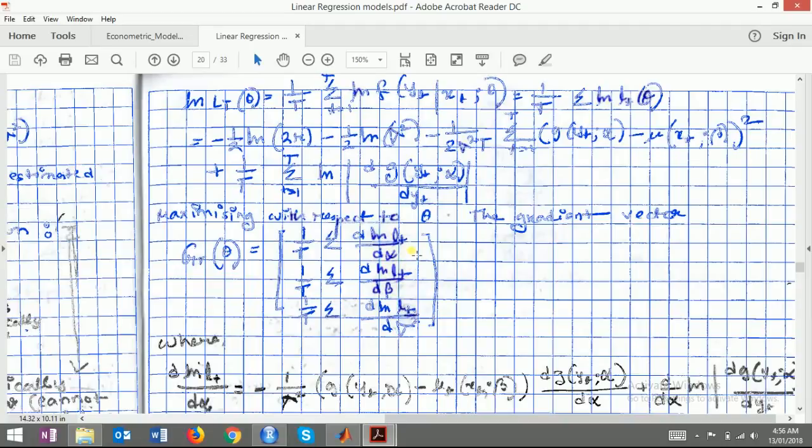Differentiating for alpha, we have minus 1 by sigma square multiplied to minus 1 by sigma square, g of yt, alpha minus mu of xt, beta, this portion, multiplied to d g of yt, alpha divided by d yt, because in all these cases we have alpha.